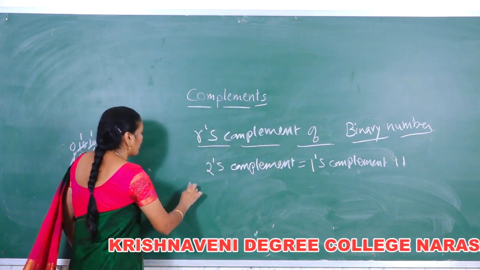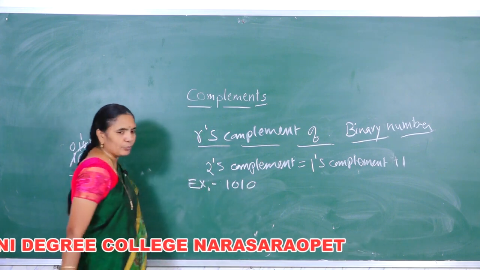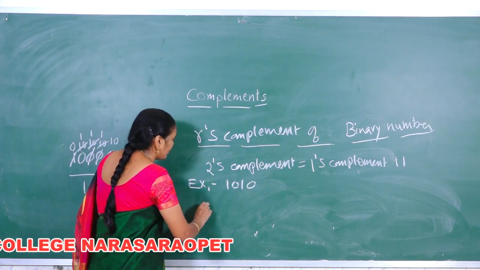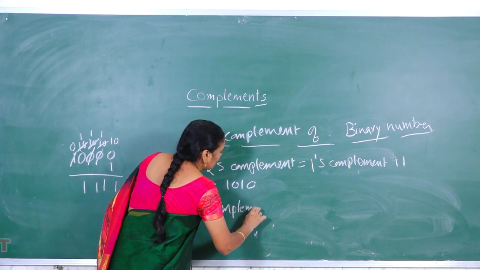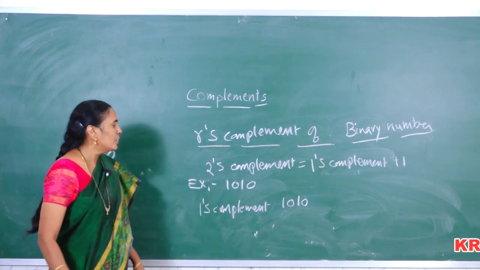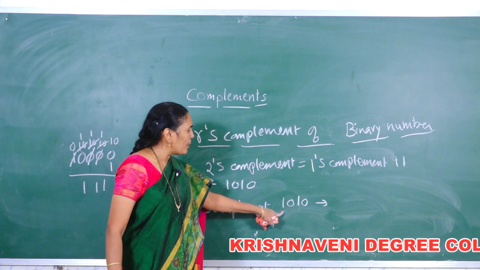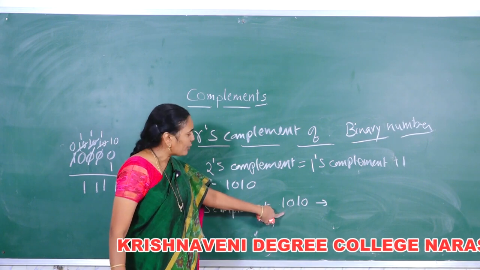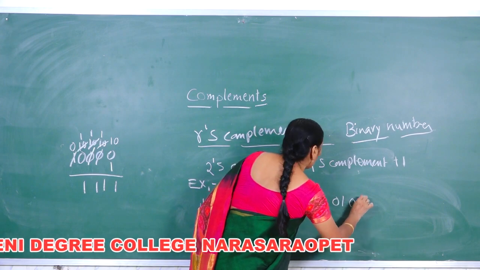Let us take an example, 1010. Now let us try to find the 1's complement of 1010. The simplest procedure to calculate the 1's complement is simply to interchange 1 to 0 and 0 to 1, that is 0101.